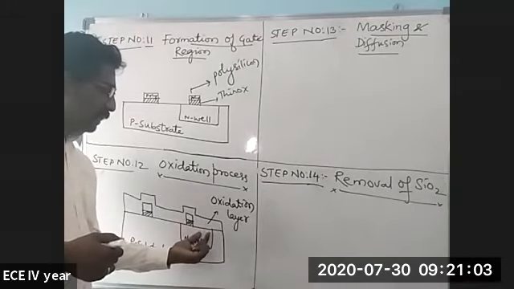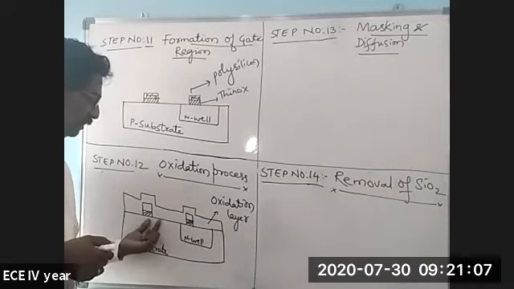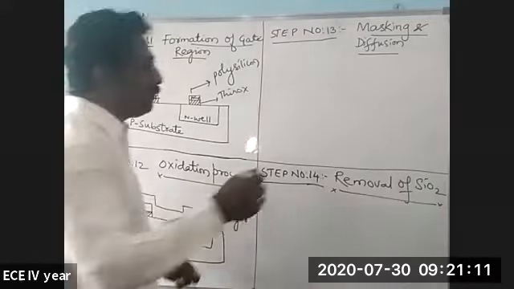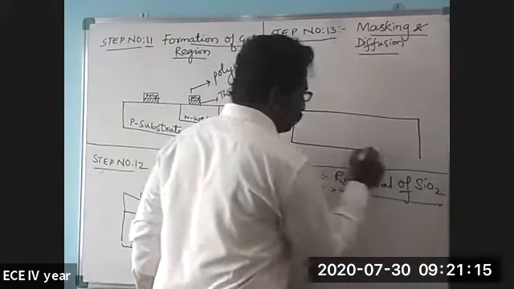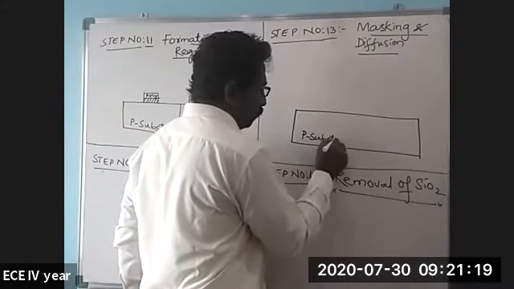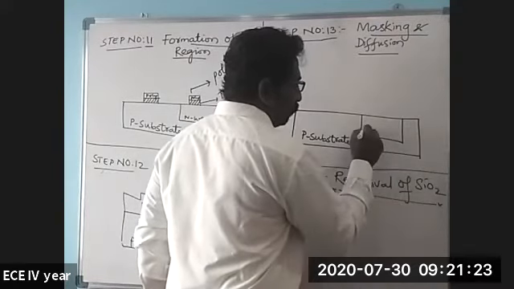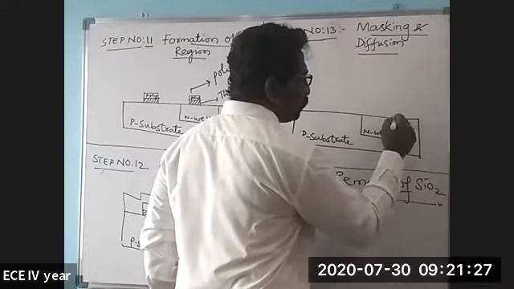So one N plus region is created here, and another two N plus regions are created on either side of this gate terminal. Once I create them, your diagram looks like this. This is your N well. Here one N plus region is created.